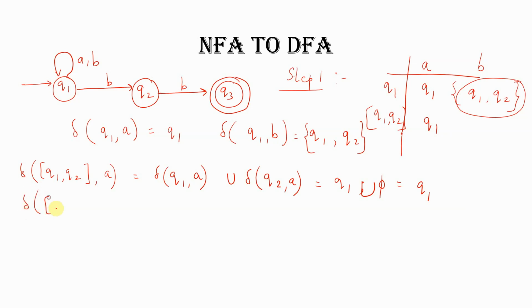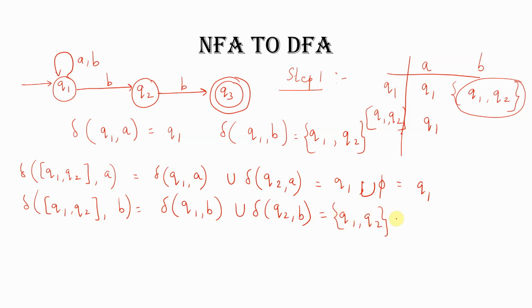delta of Q1, Q2 on input alphabet B. Just separate this out, so it will be delta of Q1 on B union with delta of Q2 on B. What is delta of Q1 on B? Q1 on B is two states, that is state Q1 and Q2, union with, what is delta of Q2 on B?